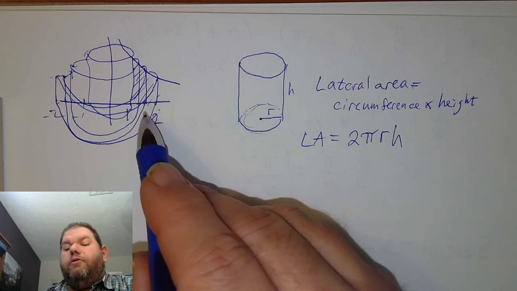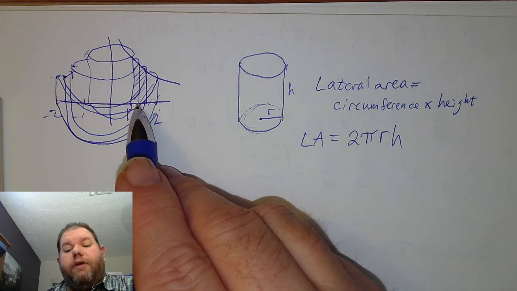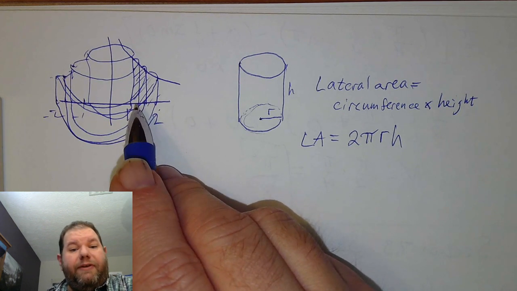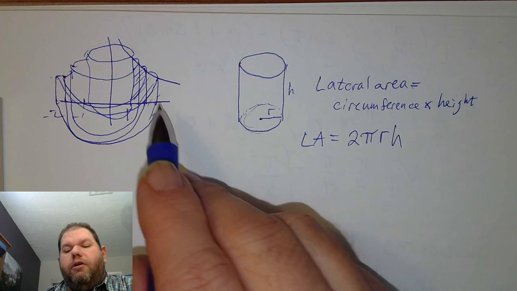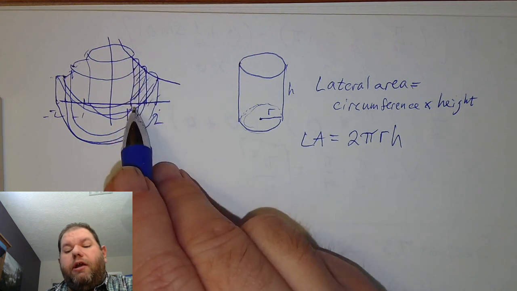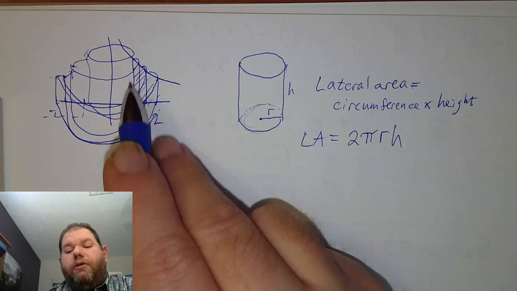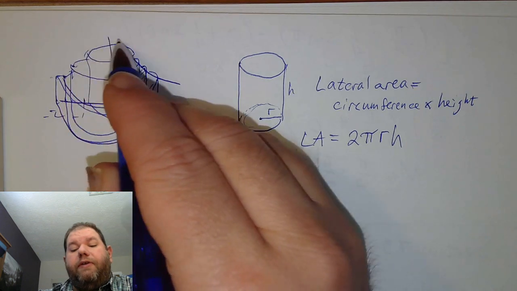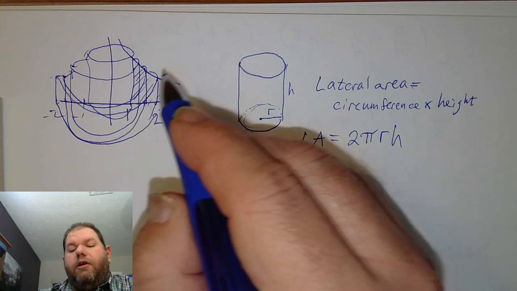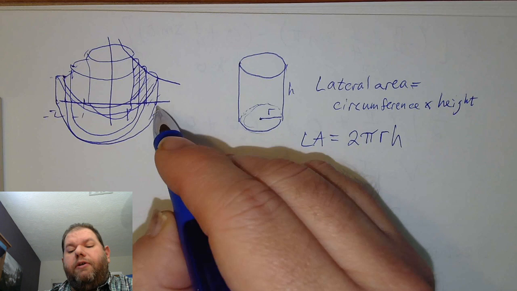Now, you'll notice, looking at this graph, and it may be harder to see now that I've drawn all over it, our cylinders start at x equals 1. Here's our first cylinder on the inside, and they continue until we get to x equals 2.